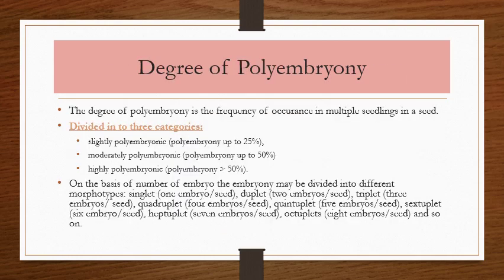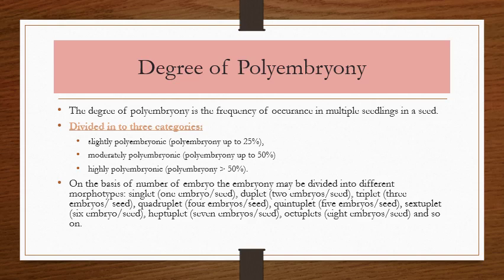Degree of polyembryony is the frequency of occurrence of multiple seedlings in a seed. It varies with species and varieties, and the variation also occurs with location, environment, and position of fruit on the tree. On the basis of degree of polyembryony, species and varieties can be divided into 3 categories.